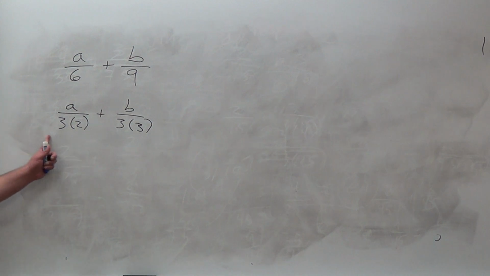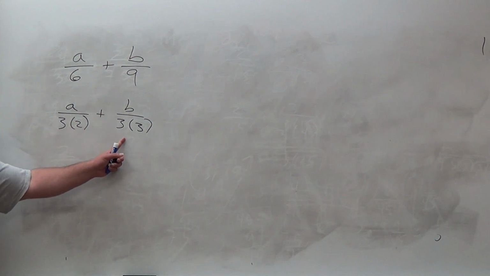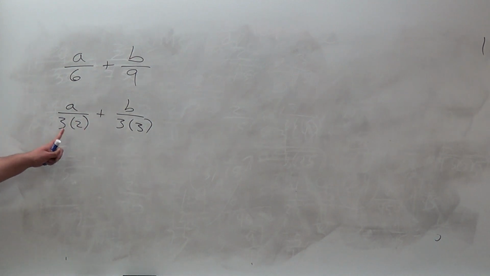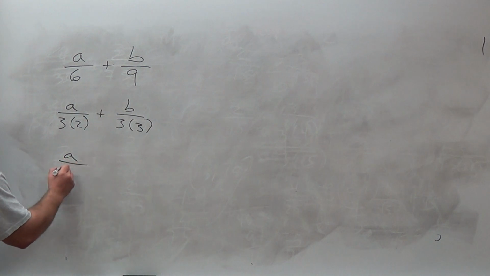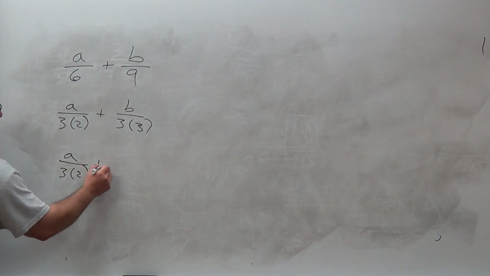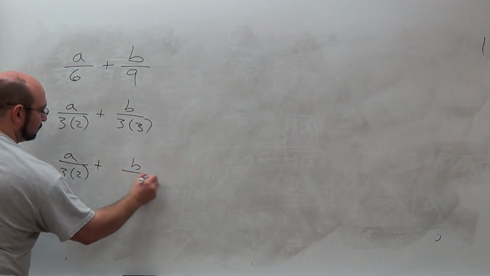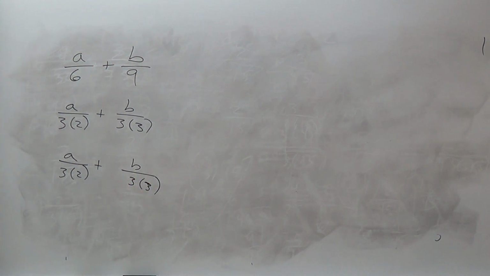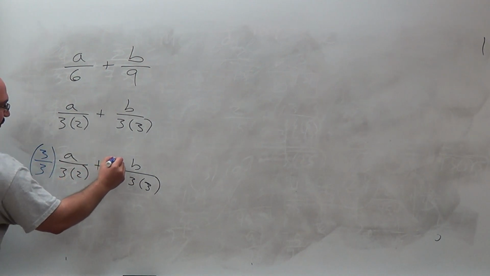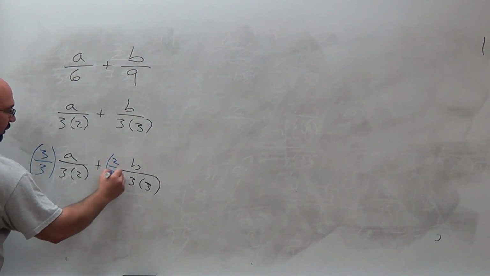So I know in common I have my 3's as factors. But what's this one missing here? I'm missing the 3, right? So what I'm going to do, I'm going to rewrite this. And I'm going to multiply in. We're missing the 3 on this side. I'm missing the 2 on this side.